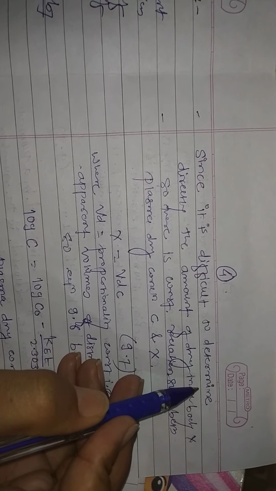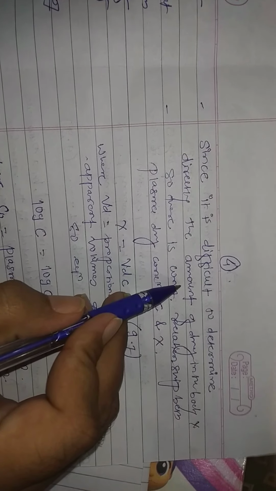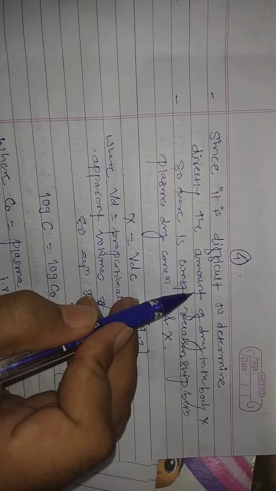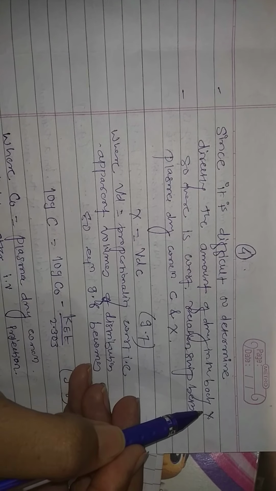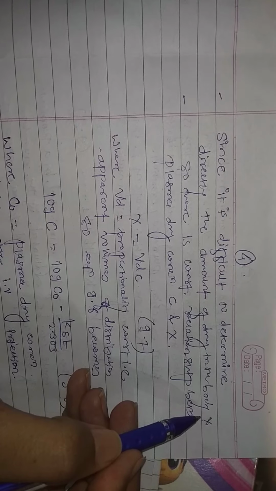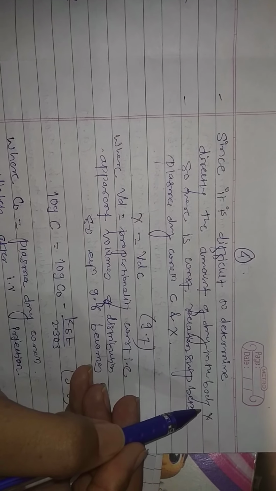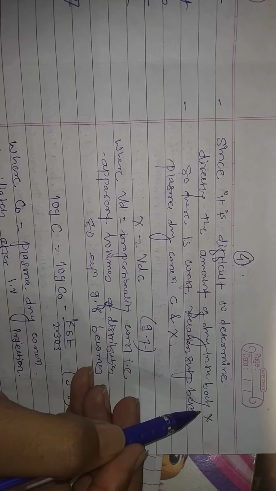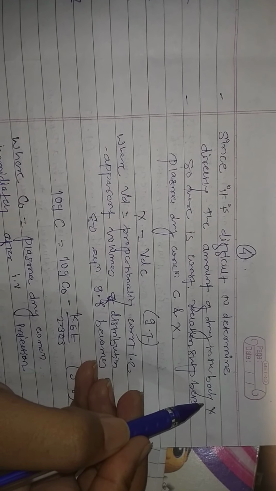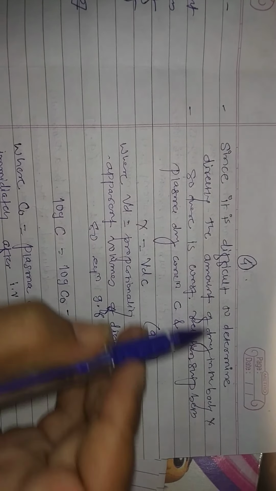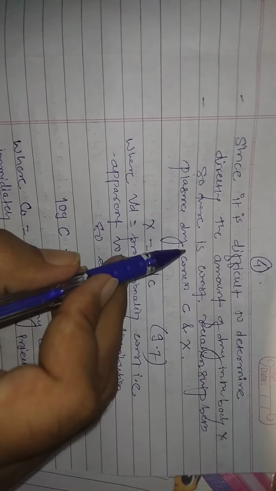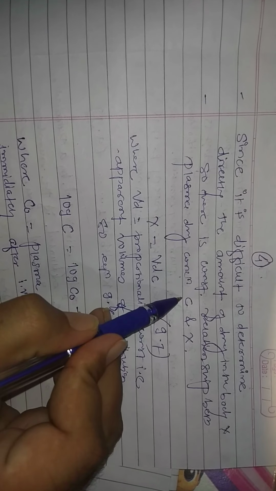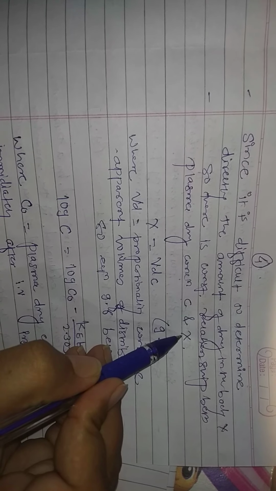Since it is difficult to determine directly the actual amount of drug present in the body, that is x, there is another approach. There is a constant relationship between the plasma drug concentration, that is C, and the amount of drug x.